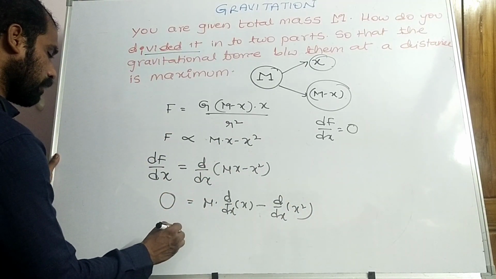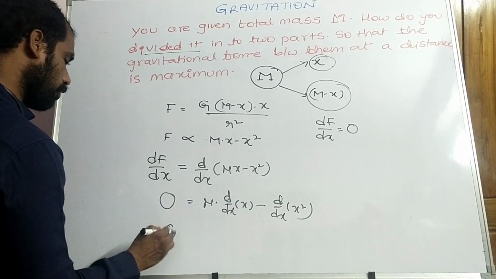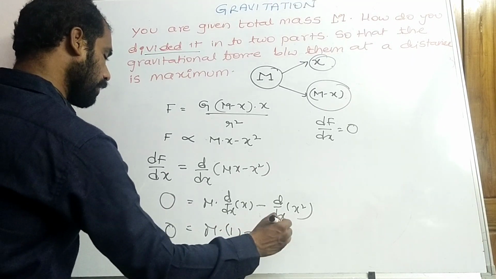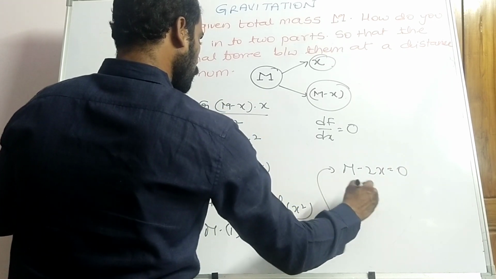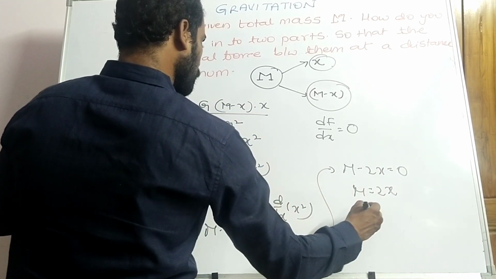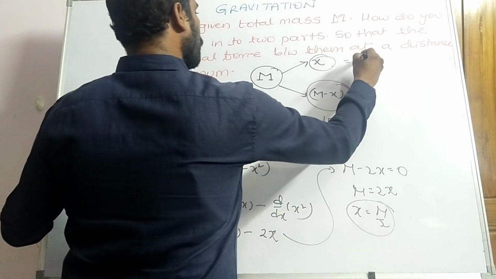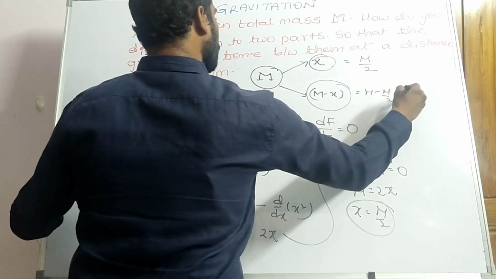So M minus d by dx of x square, of course 0, is equal to M into 1 minus 2x. Then M minus 2x is equal to 0, M is equal to 2x, x is equal to M by 2. So if x is equal to M by 2, M minus M by 2 is equal to M by 2.